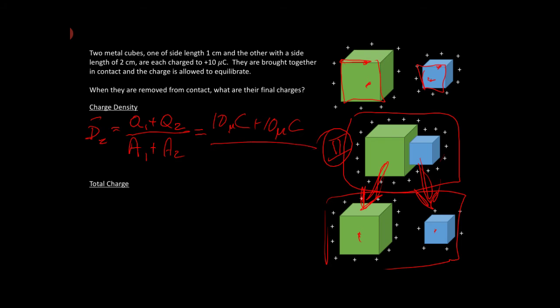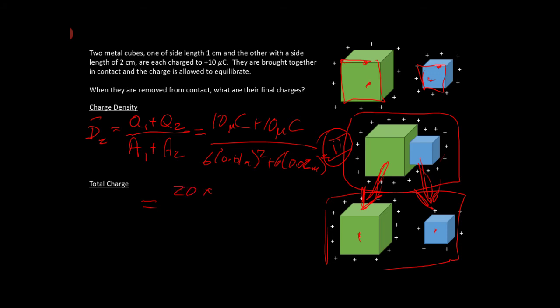over 6 times 0.01 meters squared plus 6 times 0.02 meters squared. That's supposed to be a 2. So 10 plus 10 is 20.